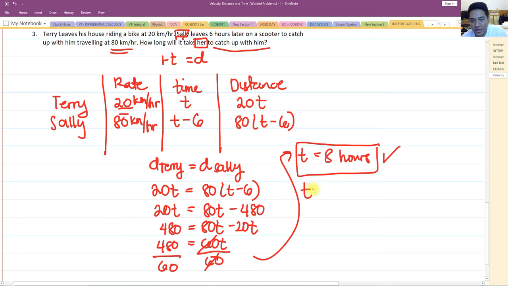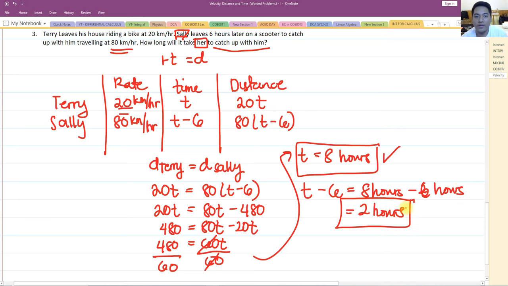So that's t minus 6, because that's the time where they have the same distance already. So that would be 8 hours minus 6 hours, so we have 2 hours. This is the only time that Sally will catch up with Terry with this speed, after leaving 6 hours later.